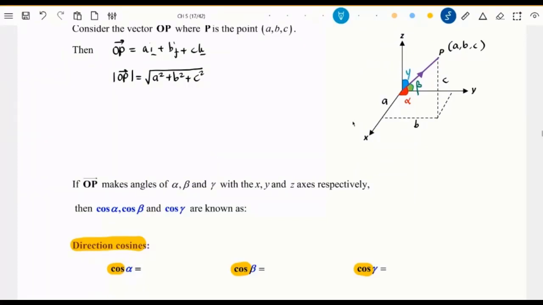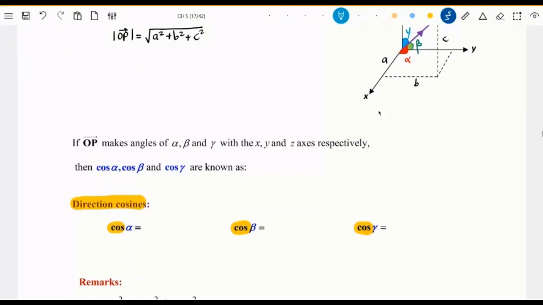Okay, alpha, beta, gamma. So for alpha, we encounter with the position A ataupun x-axis.